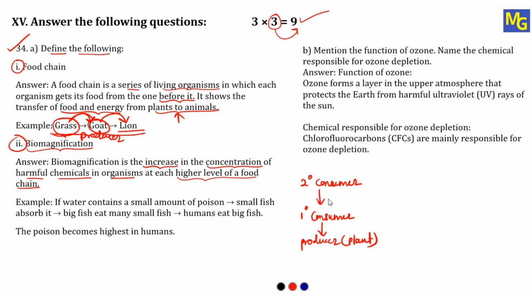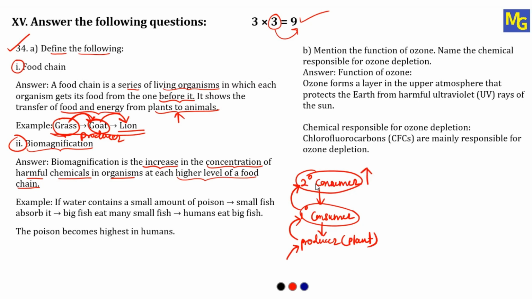So in this trophic level, the harmful chemicals absorbed by the producers will be transferred to the primary consumer when they eat these producers. The harmful chemical concentration will increase in the primary consumer. Now when a secondary consumer eats this primary consumer, those harmful chemicals will again be transferred to the secondary consumer, and the concentration of harmful chemicals again increases.